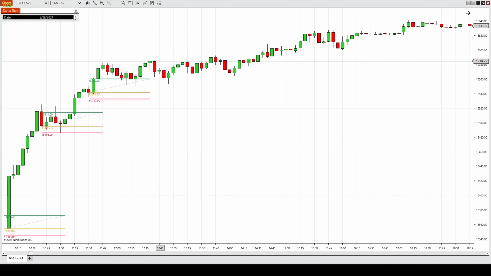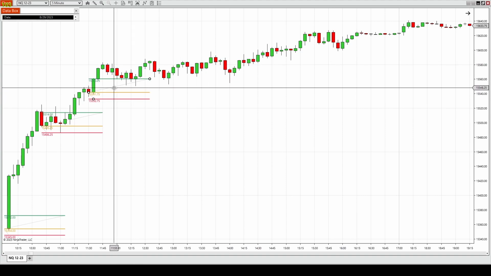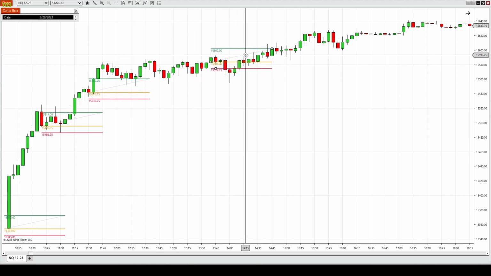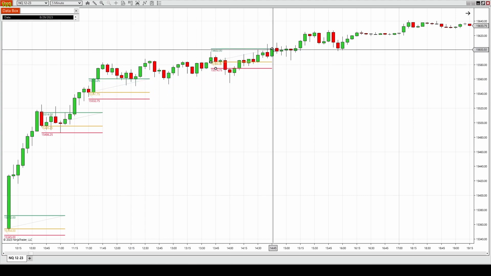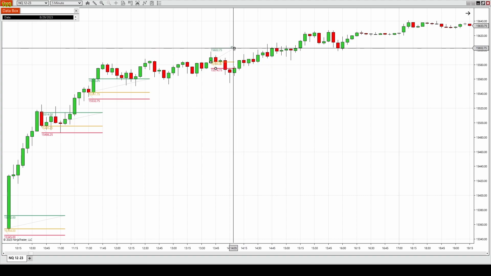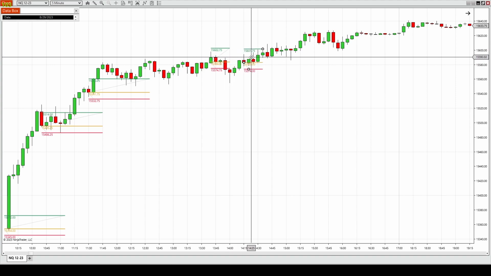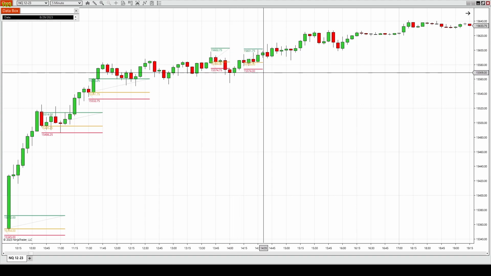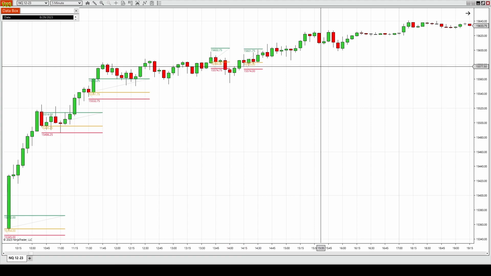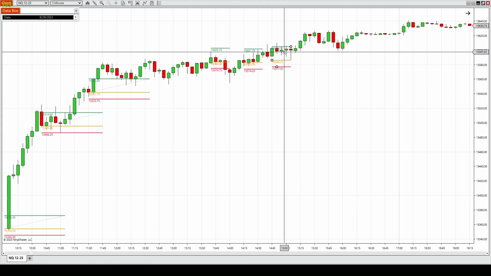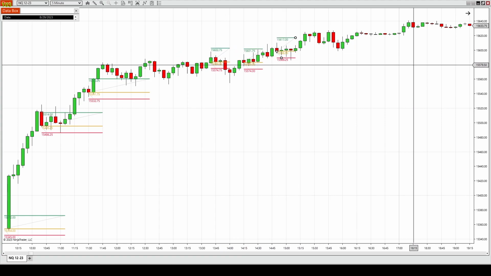So again, breaking structure, and then potentially buys here, and then that would have been a loss. Breaking structure, excuse me, 602. Breaking structure again, buys, TP. Do it again, loss.